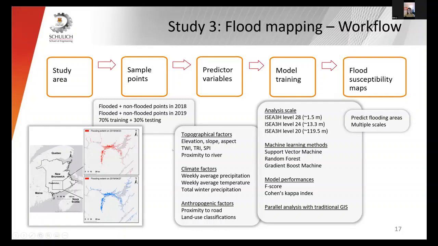The only difference is that the predictor variables will be quantized in DGGS first, and the analysis will be carried out at multiple scales. We also have cooperation with Natural Resources Canada, and they're doing the parallel analysis with traditional GIS. So it's very likely we can compare our results at the end.